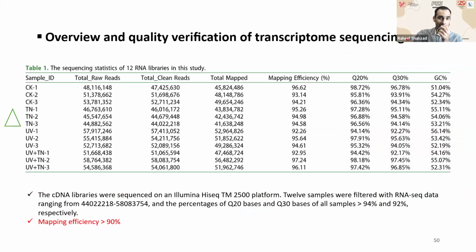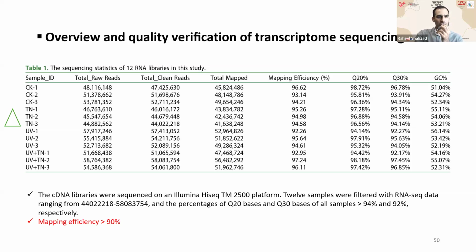Then our focus was to check the transcriptome through transcriptomic sequencing, because this gives a lot of information about the molecular pathways or biological pathways that could be different among different groups. So we performed RNA sequencing on the samples.